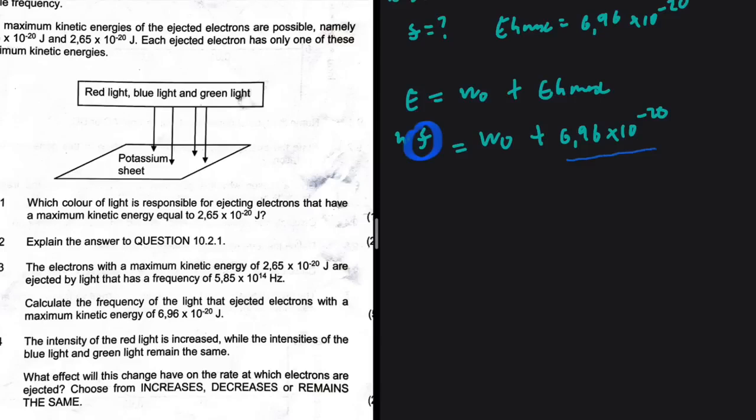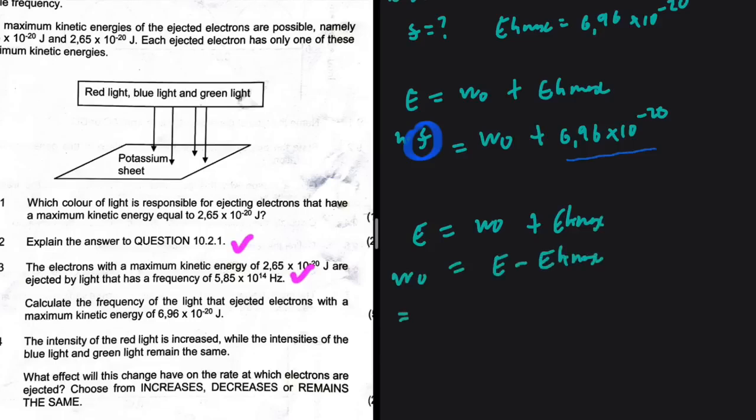But with the information that we're given, we can calculate the work function for ourselves, right? Because we are given EK max and the frequency of light for one of the lights that are emitting electrons. So we can say the energy is equal to the work function plus EK max. We want to find the work function, which will be equal to the energy minus EK max.